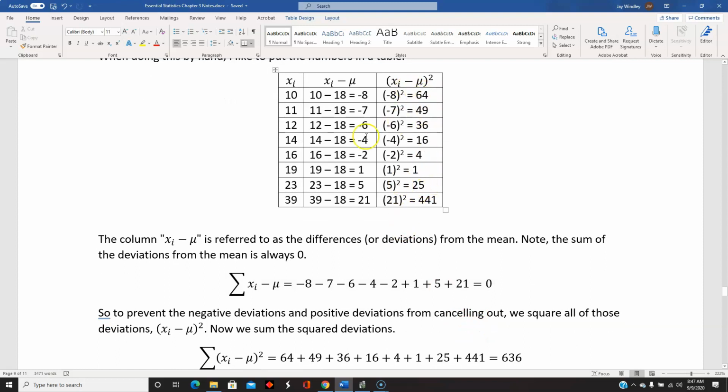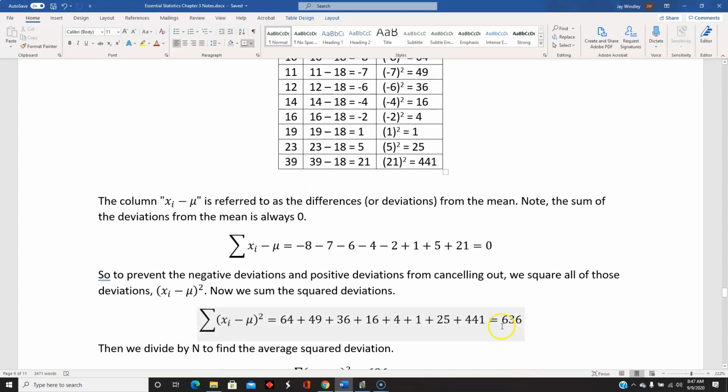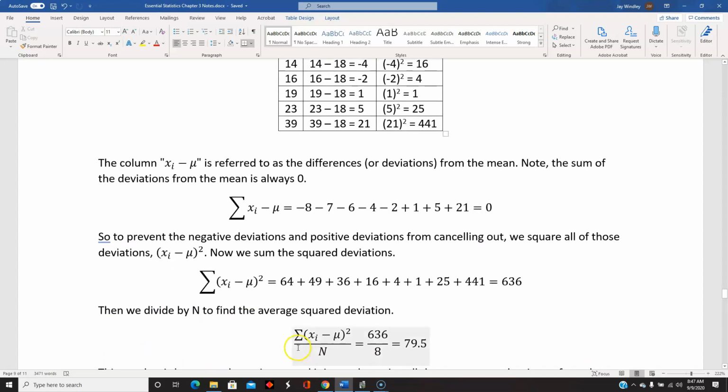That's my next column. So 10 was 8 away from the mean, and now we're squaring that and it becomes 64. So now all of these squared deviations are positive, and we're going to add up the squared deviations, and that gives me 636. Divide that by the number of numbers, and you get the average squared deviation. So 636 divided by 8, and you get 79.5.